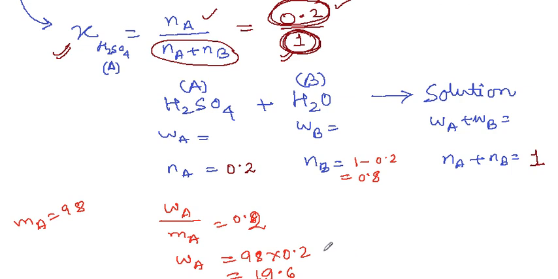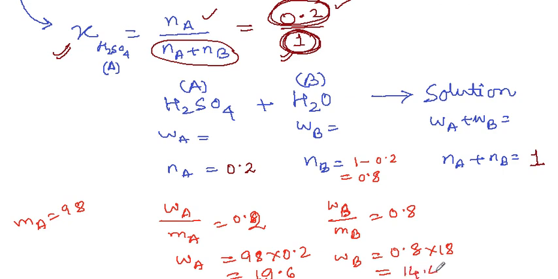Okay, so on the other side, if we look over here for the solvent, this is weight of B over molecular mass of B, which is equal to 0.8. For the water, the molecular mass is 18, so this would be equal to 14.4 gram.